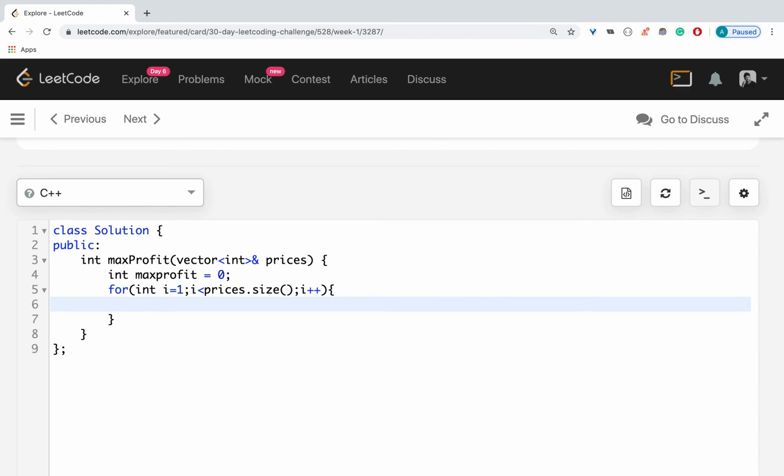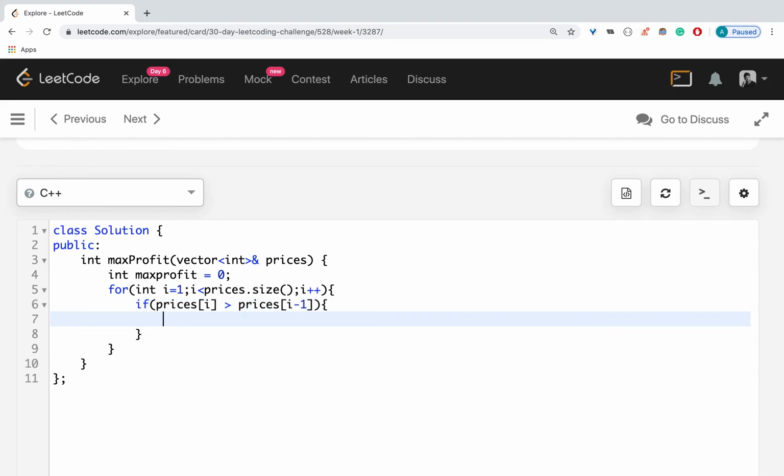Now I will check if prices of i is greater than prices of i minus 1. So if my current price is greater than the previous price, then I am going to add the difference to my max profit.